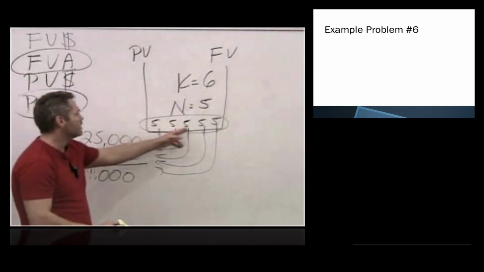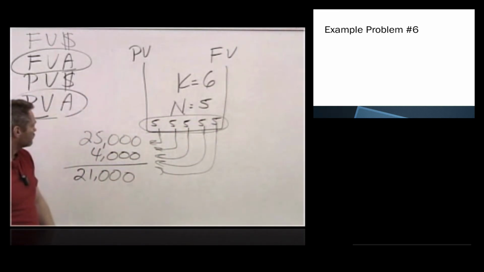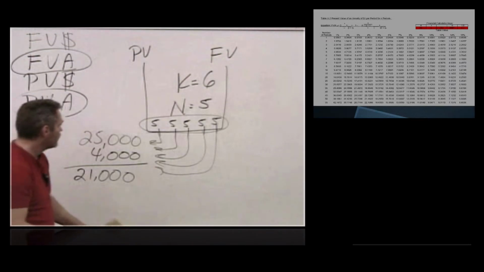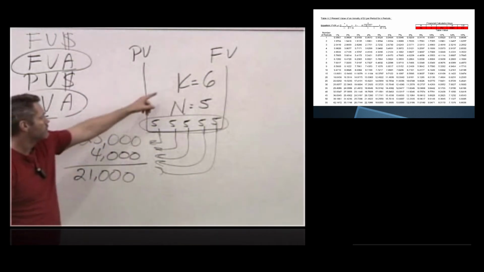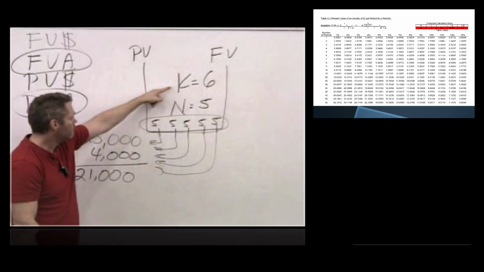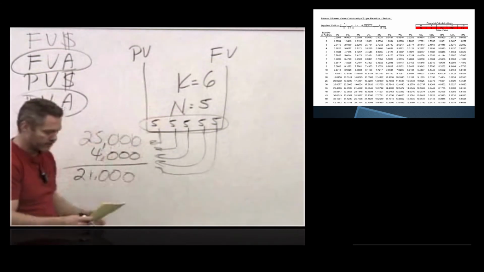Since these are even cash flows, what can we use? We can use present value of an annuity. So I'm going to look up on my chart, present value of an annuity chart, K equals 6, slide down to 5, and see what that factor is.